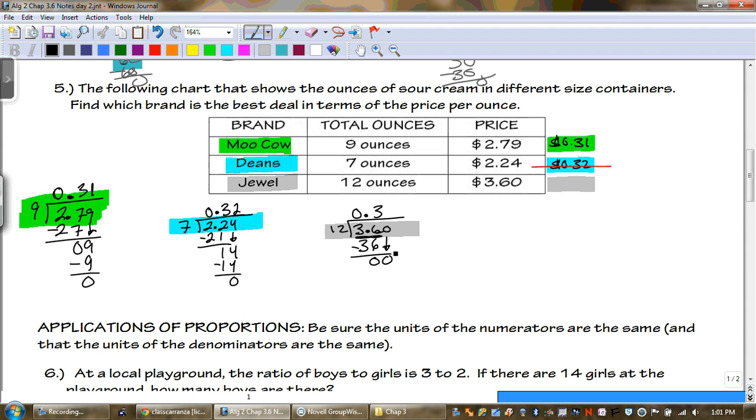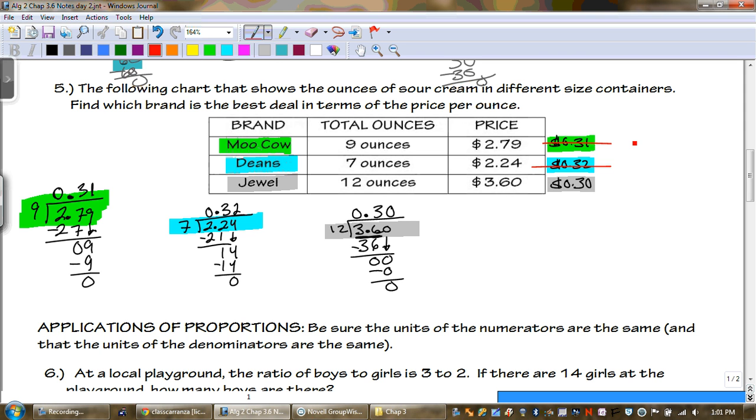And you're not done just because it says 0 right there. Does 12 go into 0? No. So you have to write down that 0 so we know that it's talking about 30 cents and not 3 cents.